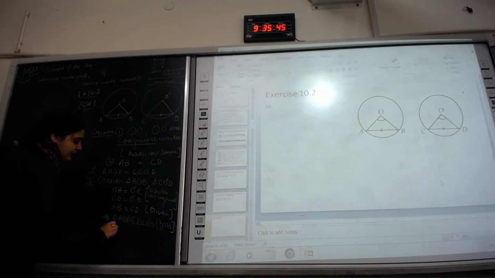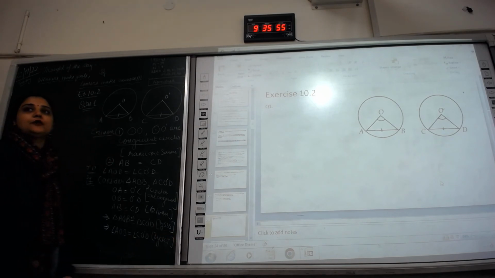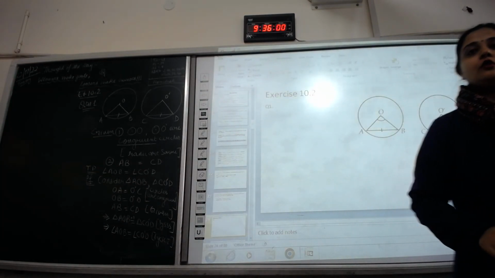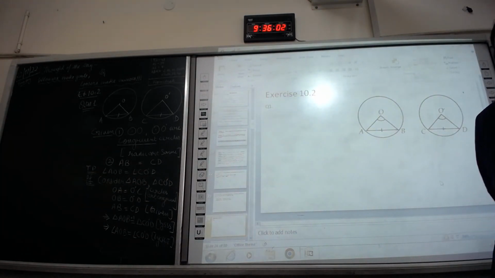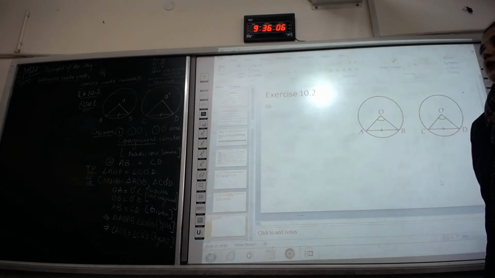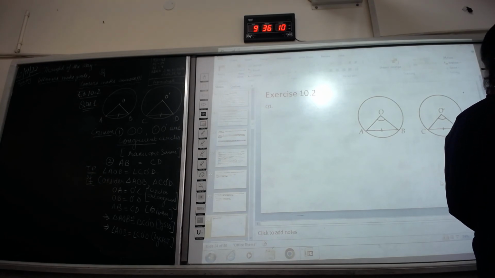Angle AOB is equal to angle CO dash D by CPCT. I hope this question is clear to everyone. Does anyone have any doubt in this? Note it down. And then we'll look at the second question, which is a sort of converse of question number 1.